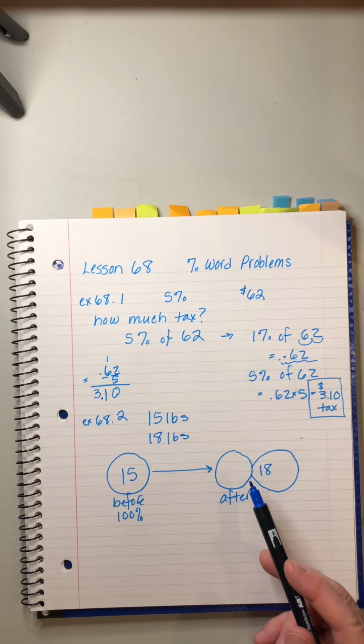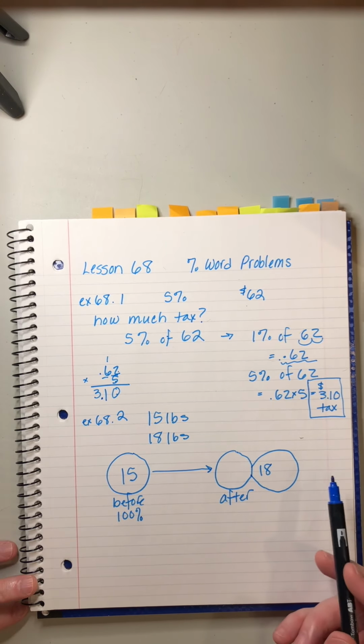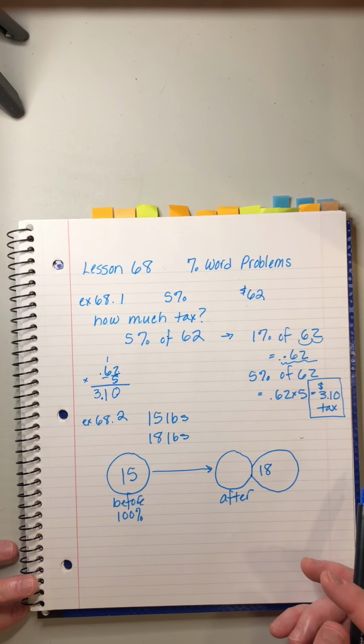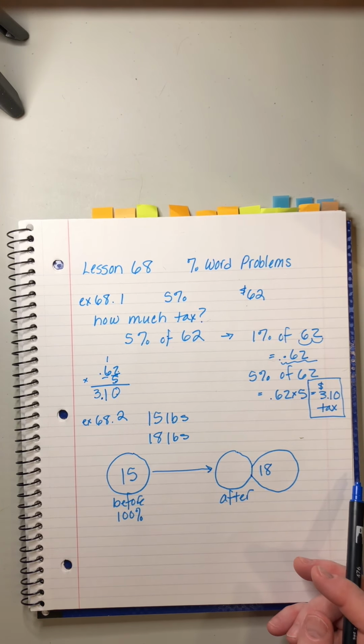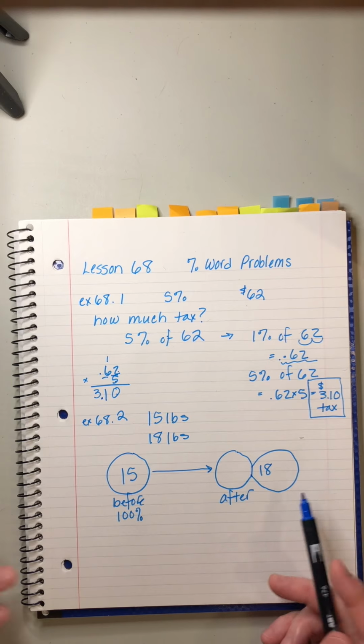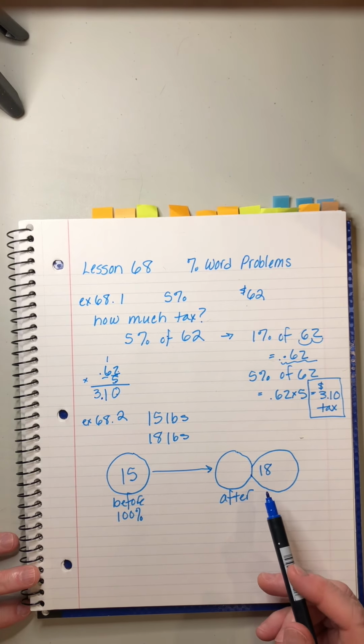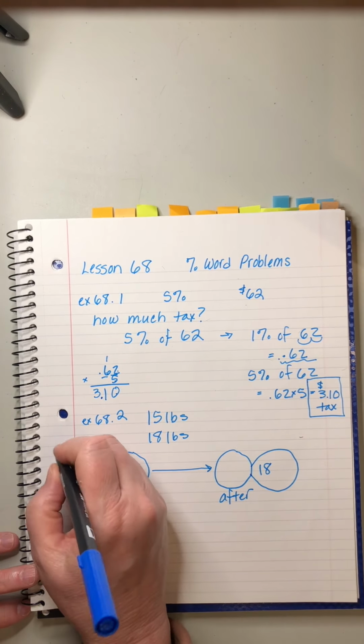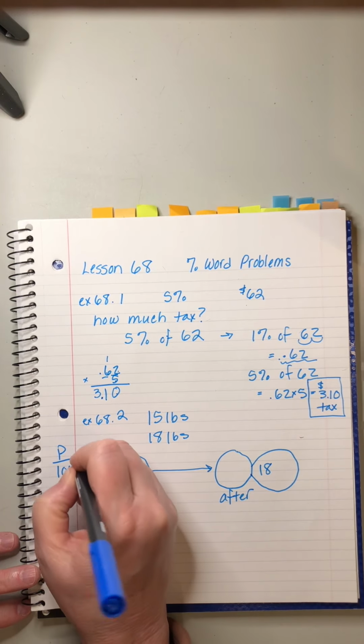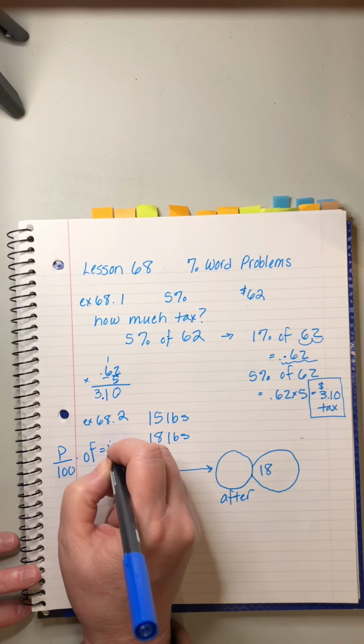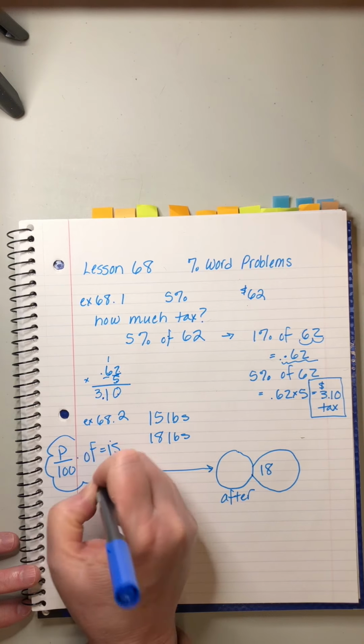Okay? So what we know, oh, you know what? I'm doing this the hard way too. No, it's fine. This is a good way. So we know the percent over 100 times of equals is. I think we've done this before, haven't we?